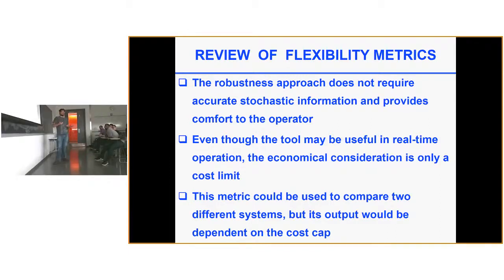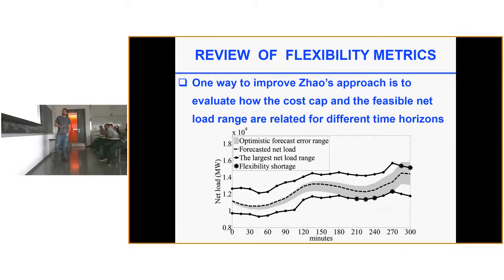And you could try to use this to compare different systems or the same system with an additional resource, but you're always going to be saying like based on this cost cap. And so one way to improve this would be to actually have a function showing the relationship between the cost cap and how these black lines get away from the expected dispatch.